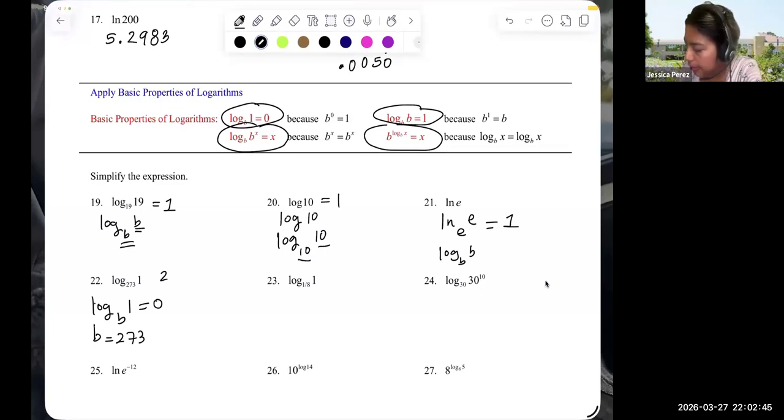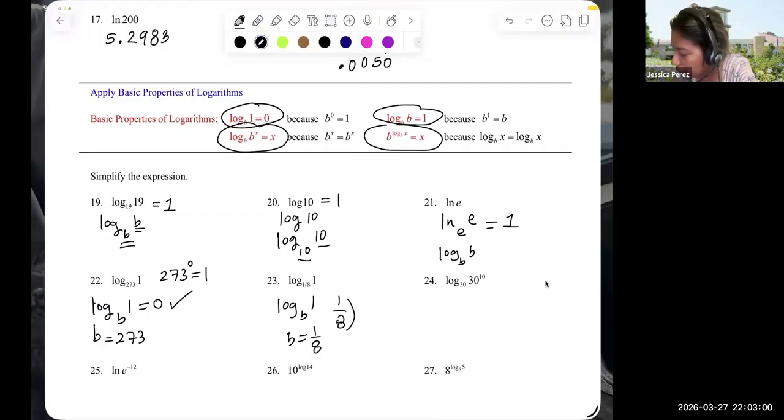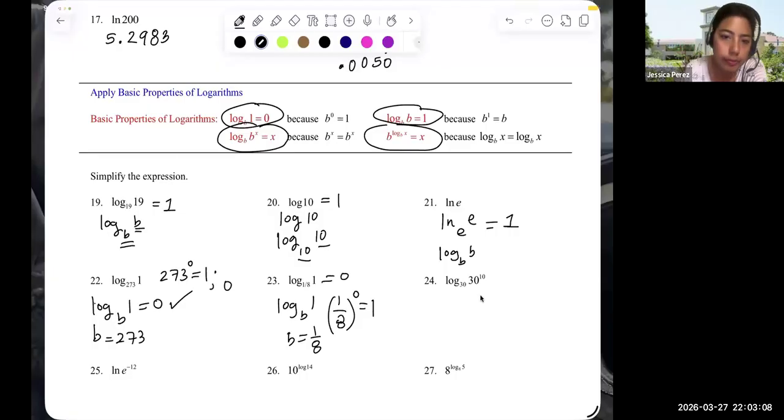So it's going to be 273 to the 0 is equal to 1, which is correct. Now this is log base b of 1. So my base is 1/8. So 1/8 to the 0 power is equal to 1. So here the answer is 0. Here the answer is 0.